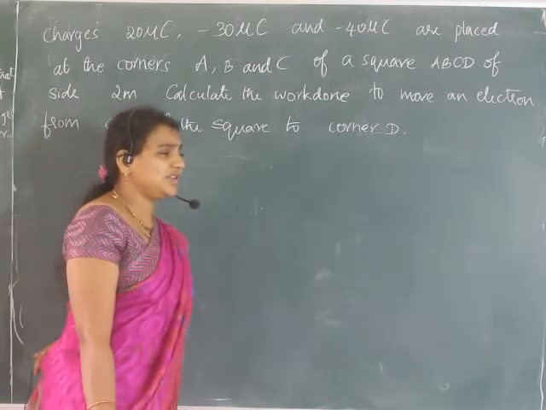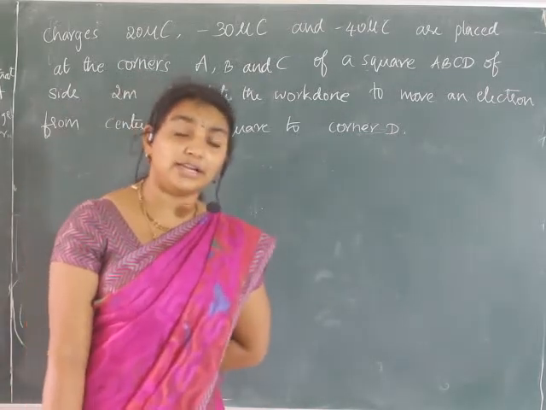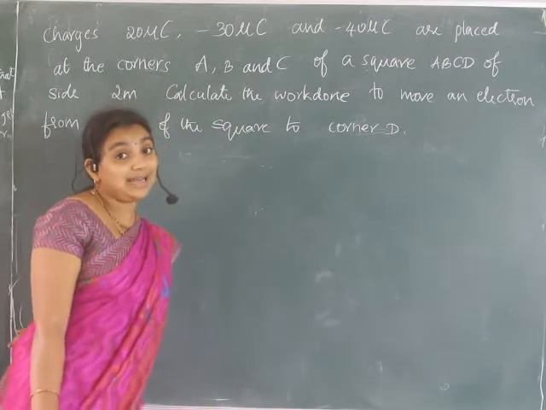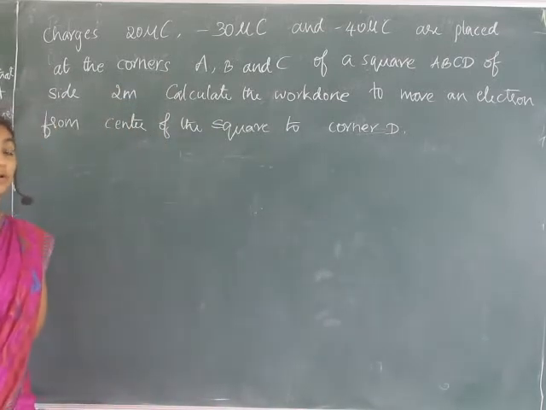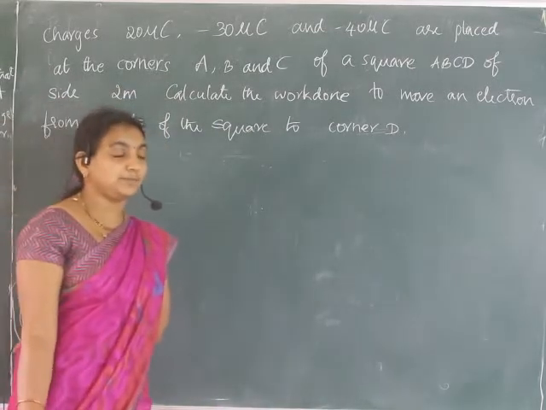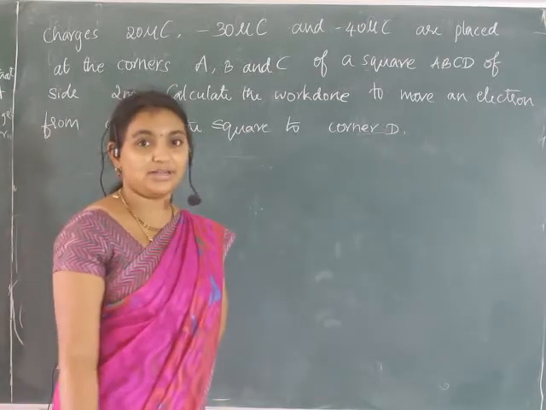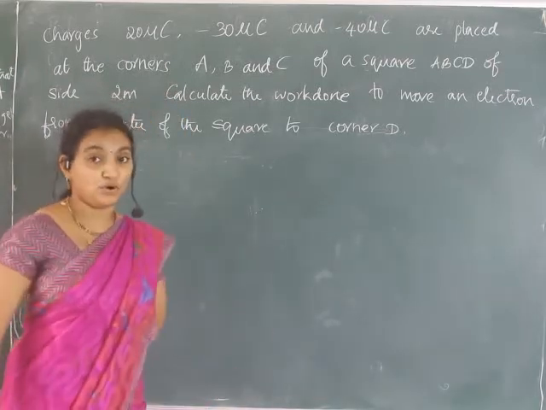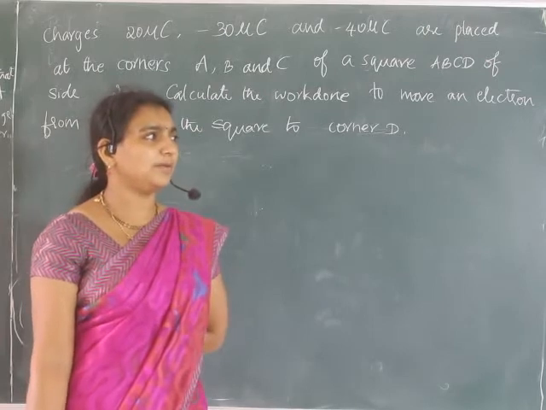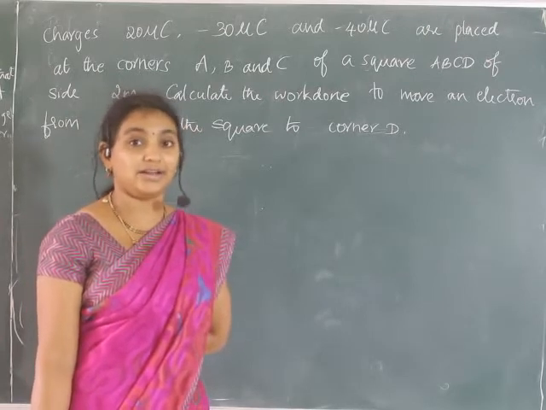This problem is just like the problem which you have solved in the first chapter. But in that chapter you had to find out which one? You had to find out the force, correct? You had to calculate the force, and you also had some problems related to electric intensity or electric field.